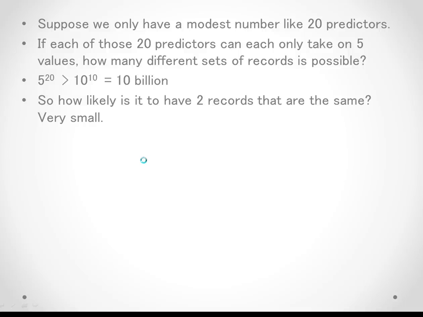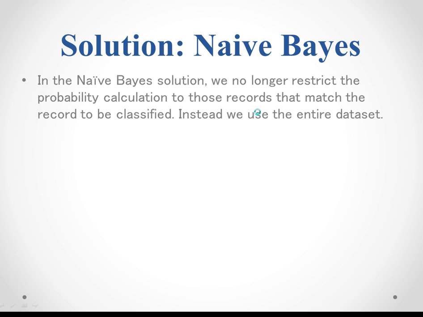How many different possible records can we have? 5 to the 20th, which is bigger than 10 to the 10th, more than 10 billion different kinds of records. So how likely is it to have 2 records that are the same? Very small. So we still have that problem.